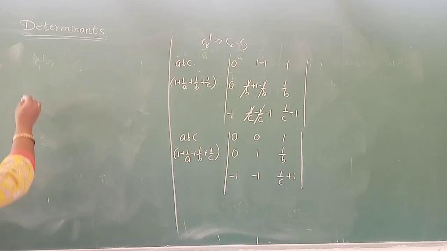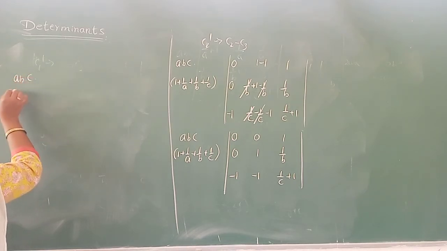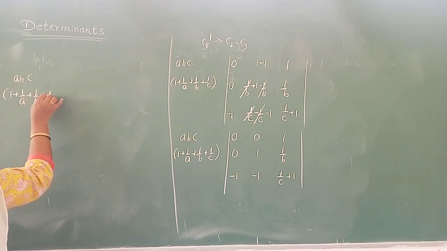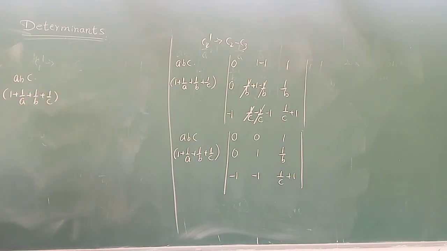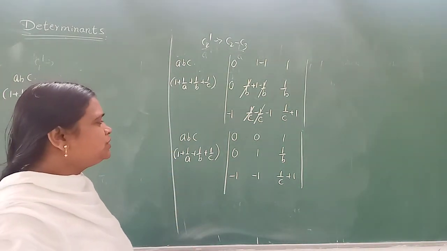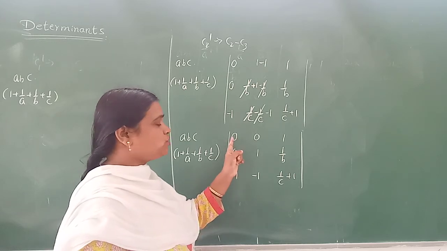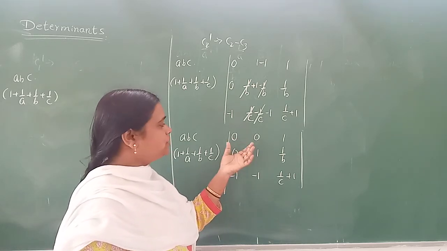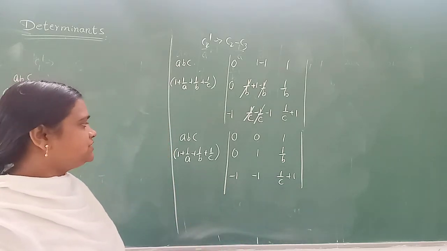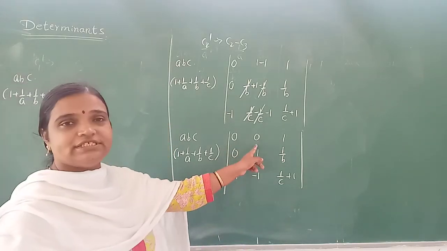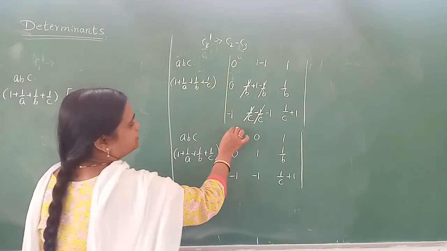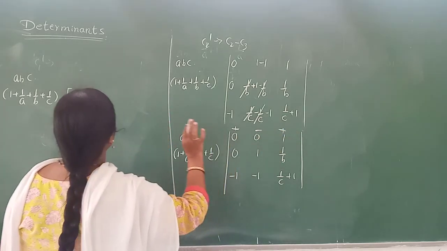Next we get A, B, C, 1 plus 1 by A, 1 by B, 1 by C. Please concentrate. For this type of example, we make at least these two 0, or these two 0, in the upper or lower part, so that you can get the answer. See, this is 0, this is 0. Expansion of the determinant with signs plus, minus, plus: 0 everything is 0.